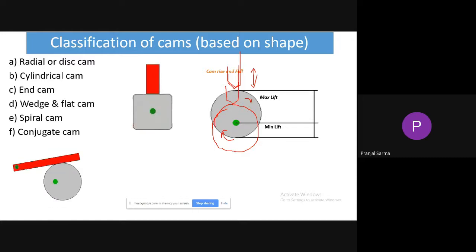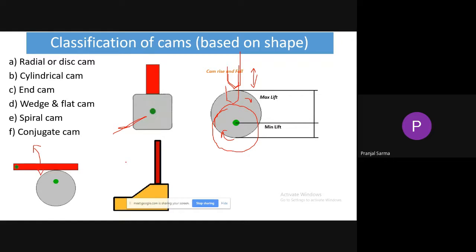Similarly, we can have different shapes of cam, and we can also have different motion given to the follower. Here, if this follower is like this, it gets an oscillating kind of motion. So it's not always that the cam rotates and the follower gets similar motion. There will be different versions.